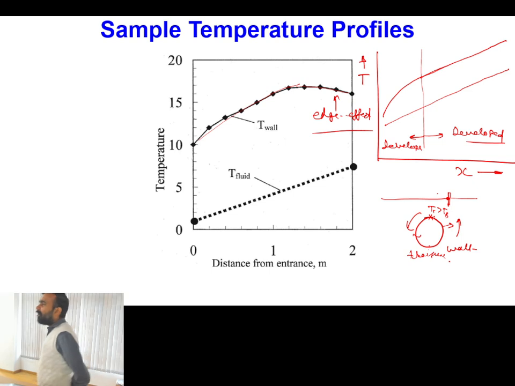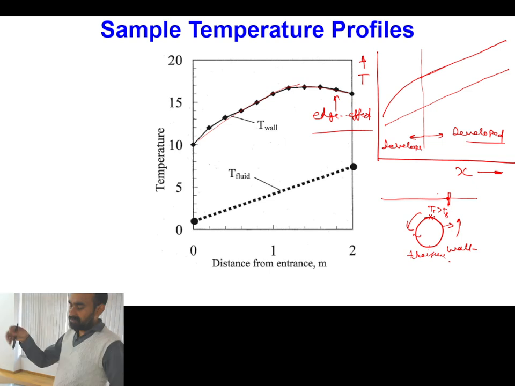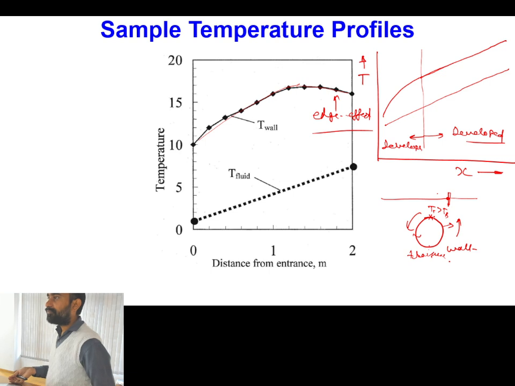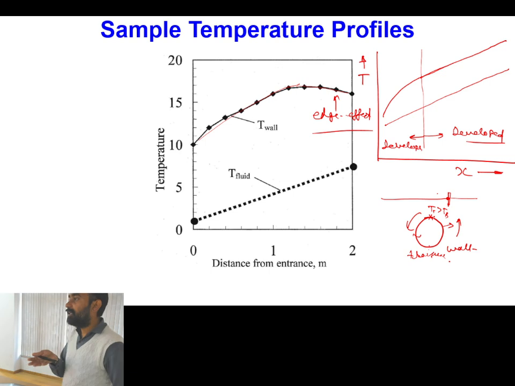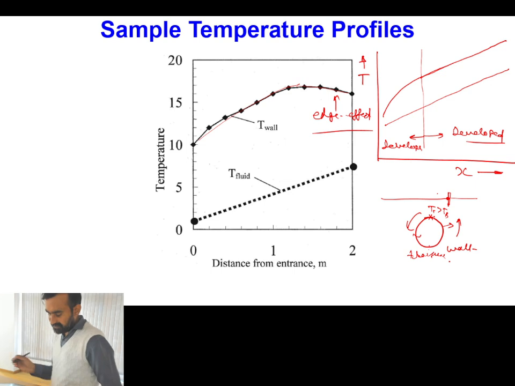So all these effects will be causing slight variation in the expected theoretically obtained and the measured temperature profile. That is the reason, because of the edge effect and the transverse wall conduction, you may experience that temperature profile will be something like this. All are clear with this point?